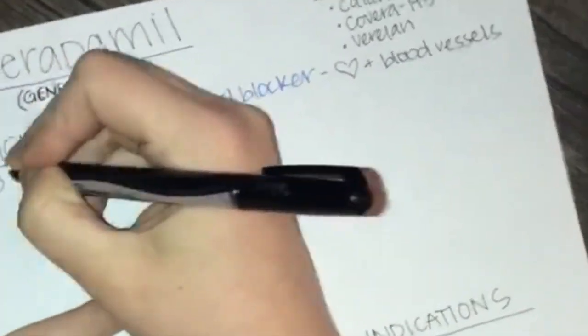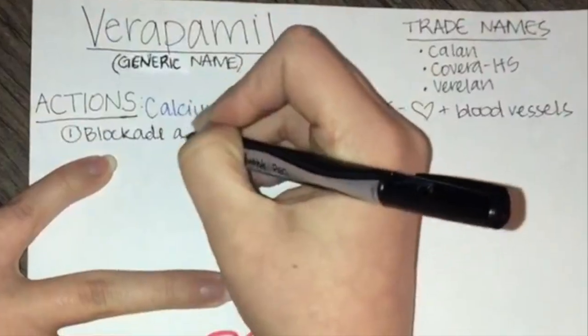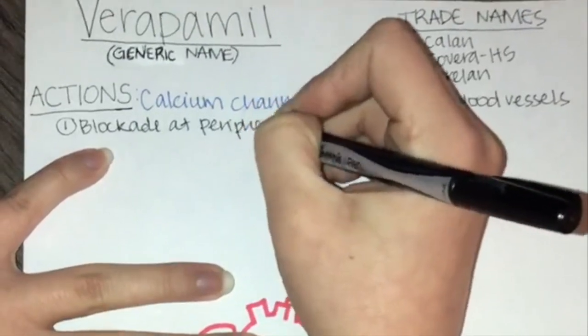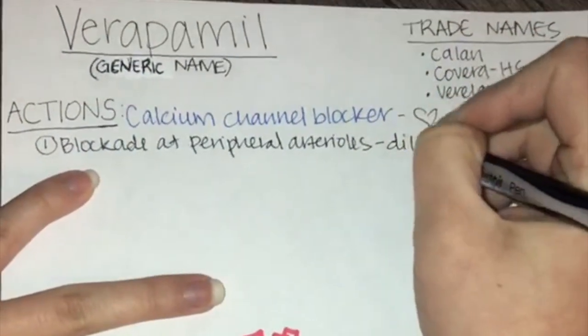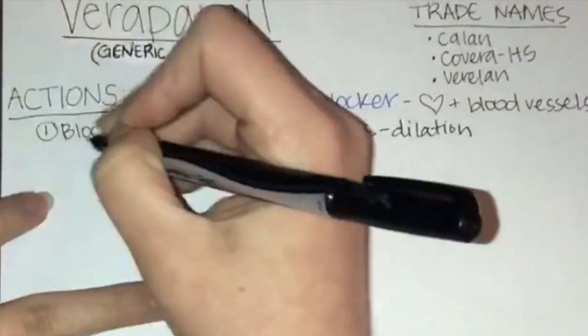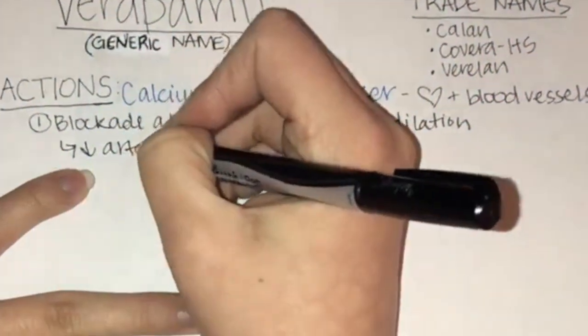The direct effects are blockade at peripheral arterioles, this is going to cause dilation, and it's going to decrease arterial pressure.